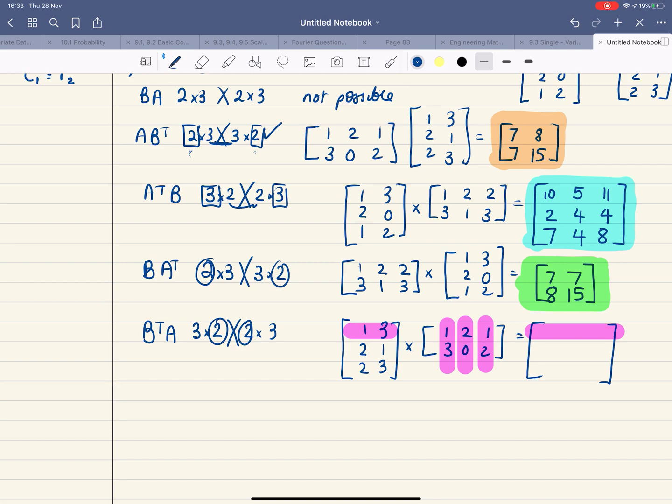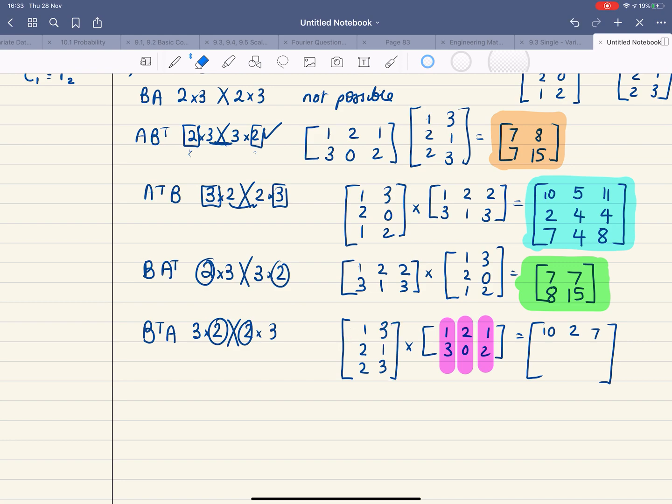So it's 1 times 1 plus 3 times 3, which is 10. And then the next one is 1 times 2 plus 3 times nothing. And the next one is 1 times 1 plus 3 times 2. So that's 7.